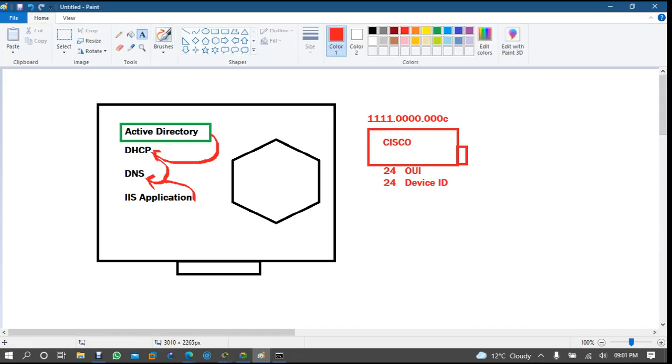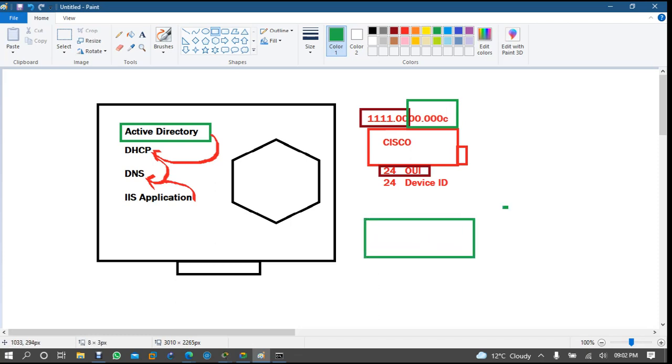Forensic experts will go to Cisco and ask, can you tell me about this MAC address? They came to know about Cisco because of this 24 bit. Then Cisco will check about this 24 bit, to which systems this LAN card was connected, whether it was a Cisco switch or a Cisco router.